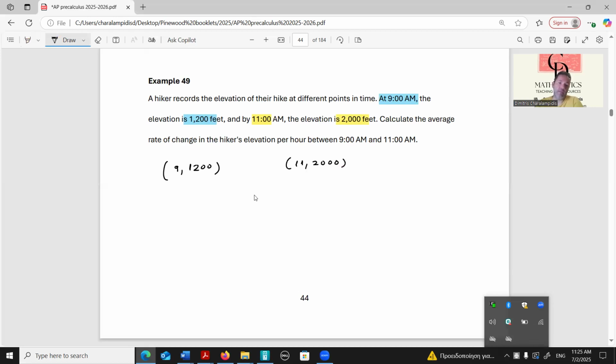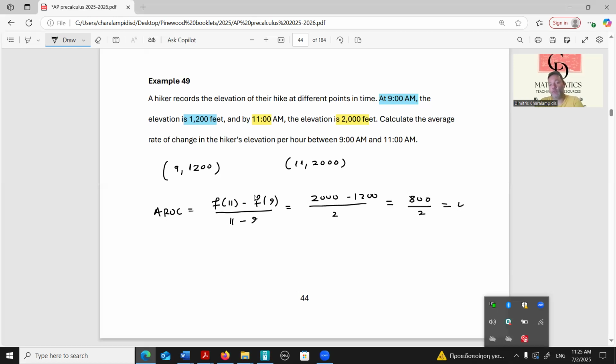So now that I have 2 points, and assuming that we named that function f, we can simply do f of 11 minus f of 9 over 11 minus 9. That would be 2,000 minus 1,200 over 2, 800 over 2, which is 400.